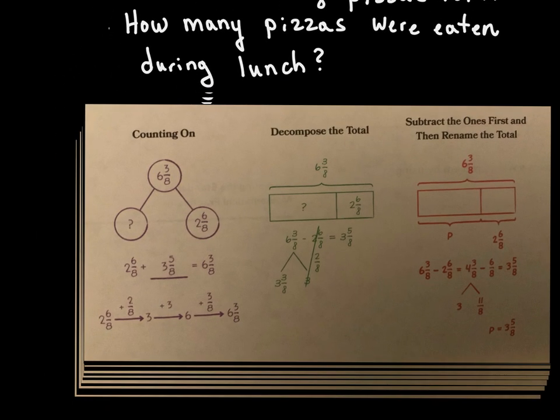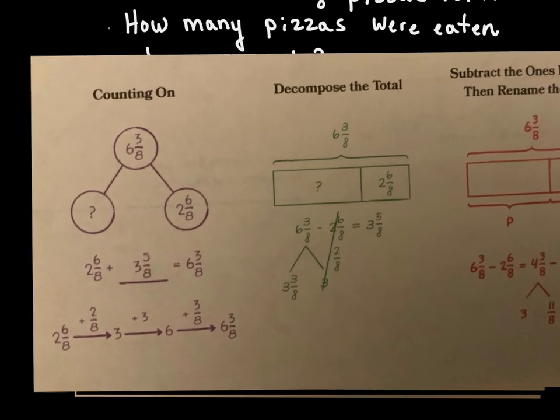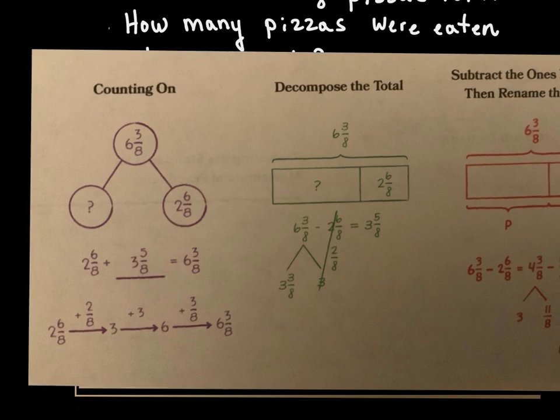In read, write, and draw, we can do something called counting on, where we put the total in our number bond. And our number bond's first part is 6 3/8. And we know that what was left over was 2 6/8. We just don't know what the other side of this number bond is.